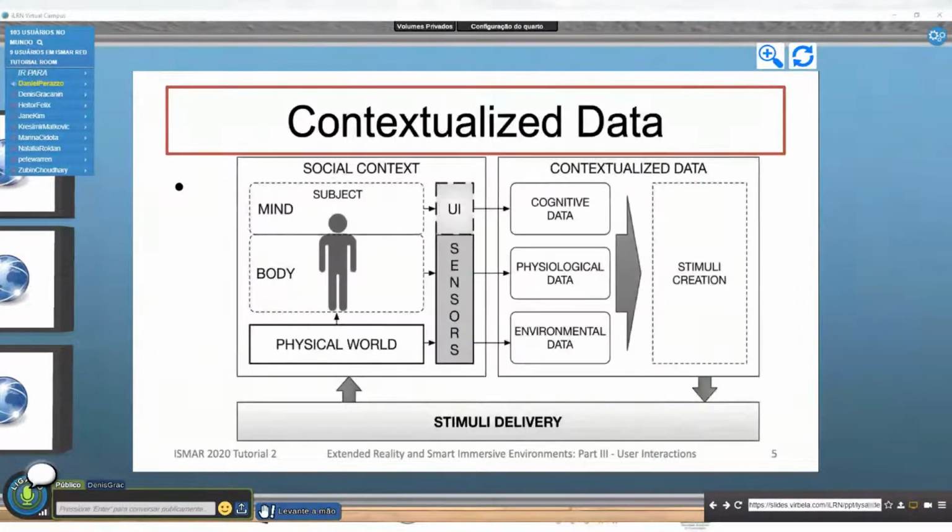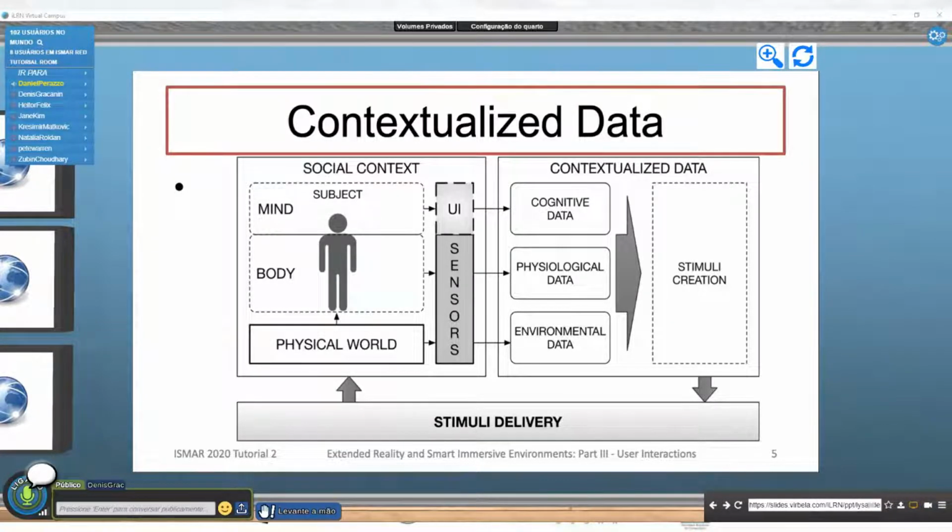As a reminder, let's again see that diagram or figure for contextualized data. What we have is the user in the physical world. In the physical world, we have sensors that collect environmental data and physiological data from the body, and then we have cognitive data, the subject's mind, that we can get from direct user feedback or input or some other means.